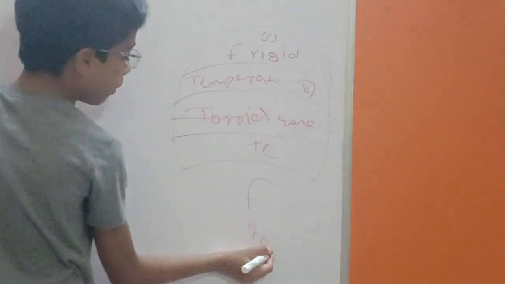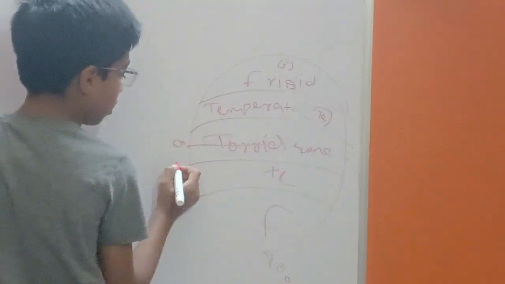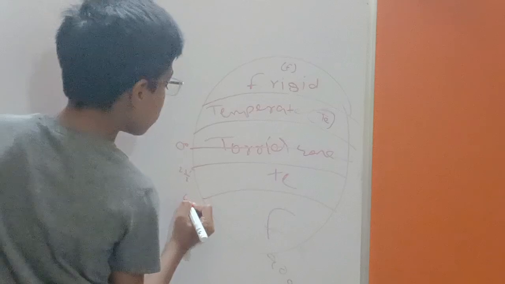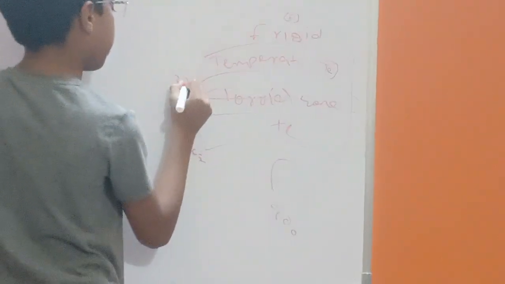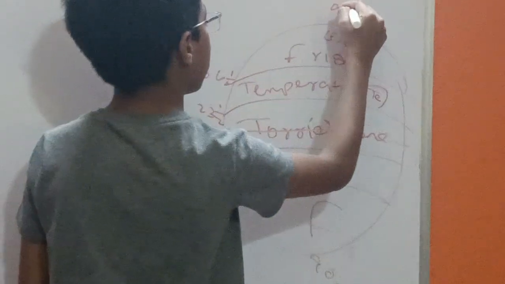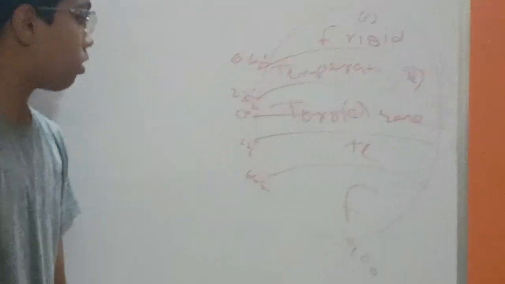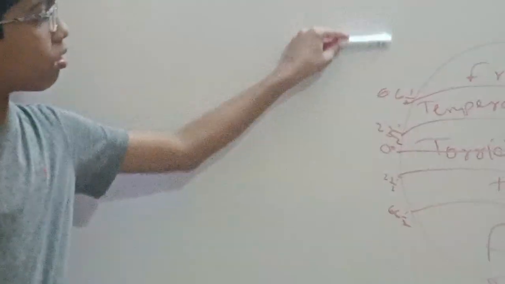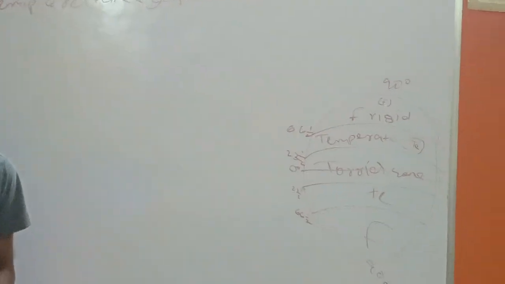Degrees: 90 here, equator 0, 23 and a half, 66 and a half, 23 and a half, 66 and a half degrees latitudes. These are the degrees, and these are the temperature zones.